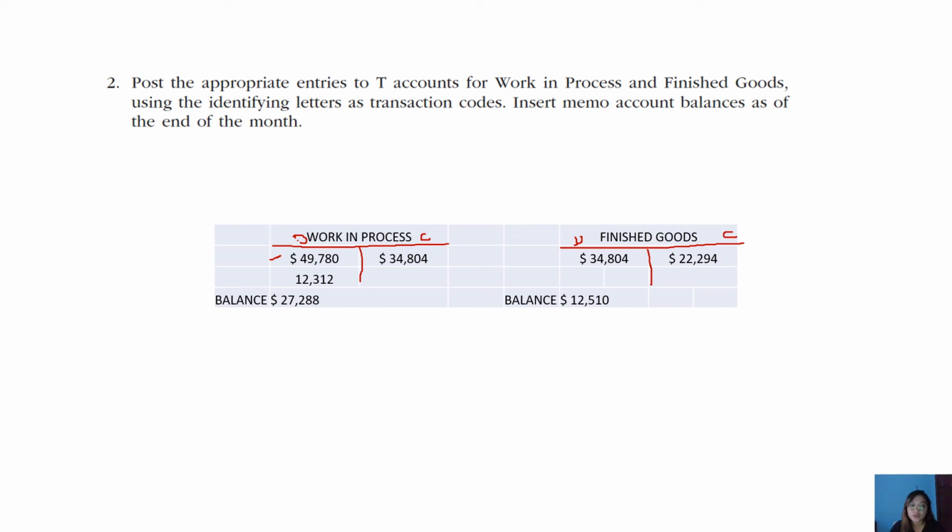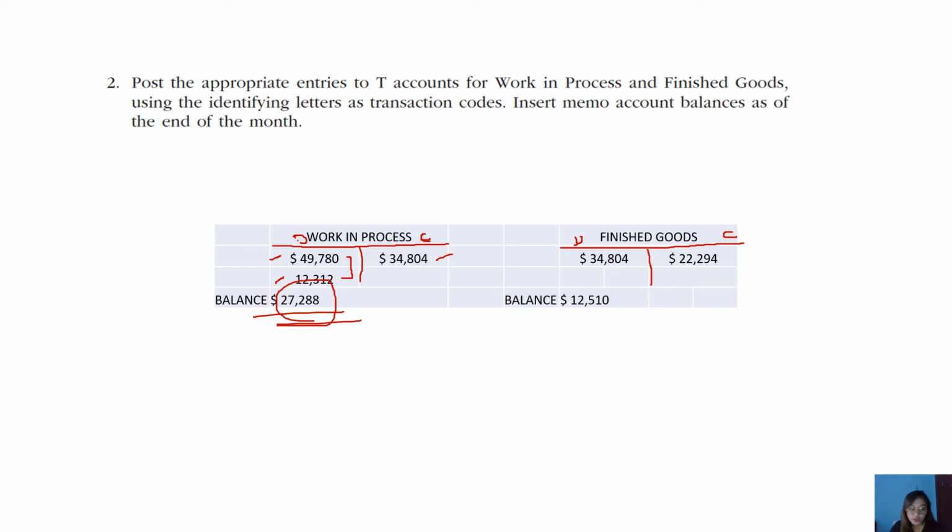And then we have also debited on letter E, the work in process. And then on letter F, we have credited the work in process. So to get the balance, we have to add this one, and then we have to subtract it on the credit side. So we'll get 27,288. And same with the finished goods.